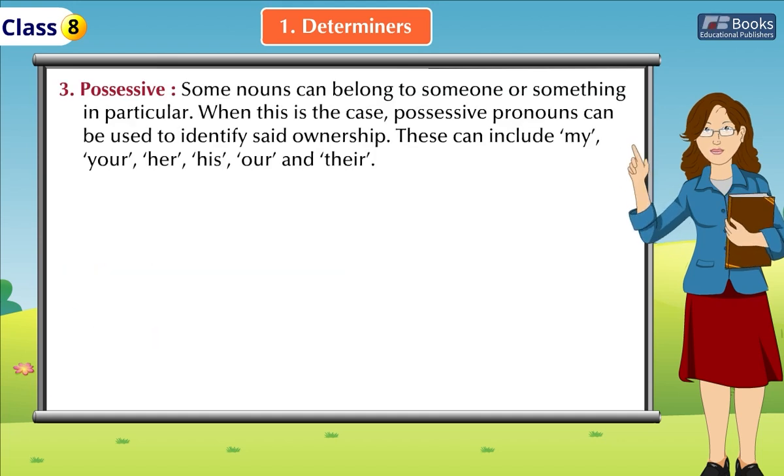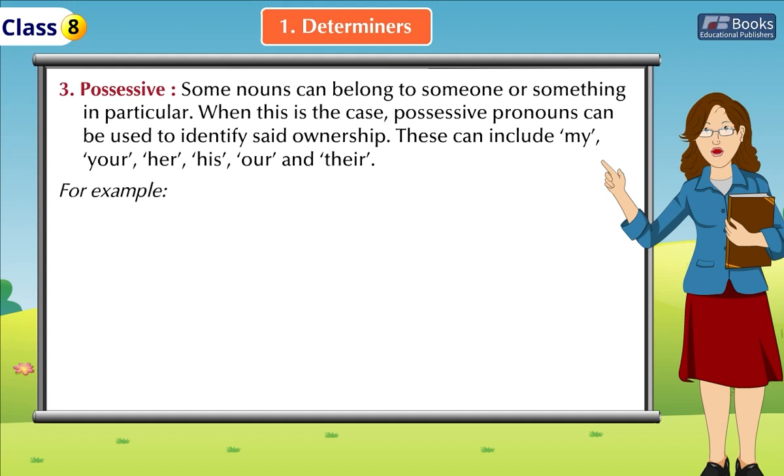Type 3. Possessive. Some nouns can belong to someone or something in particular. When this is the case, possessive pronouns can be used to identify said ownership. These can include my, your, her, his, our, and their.